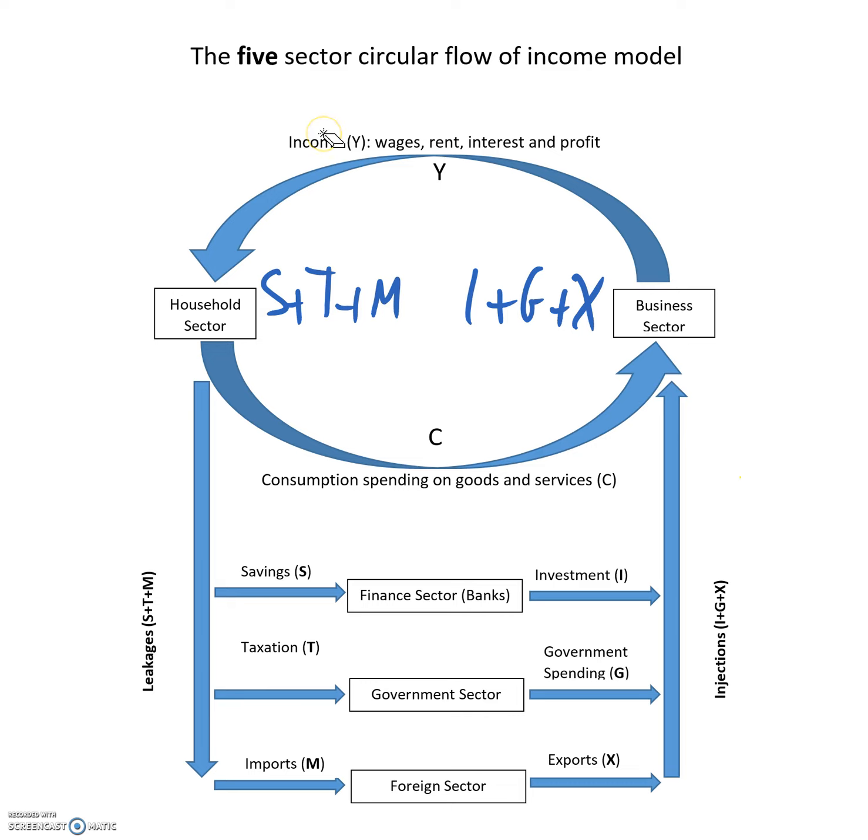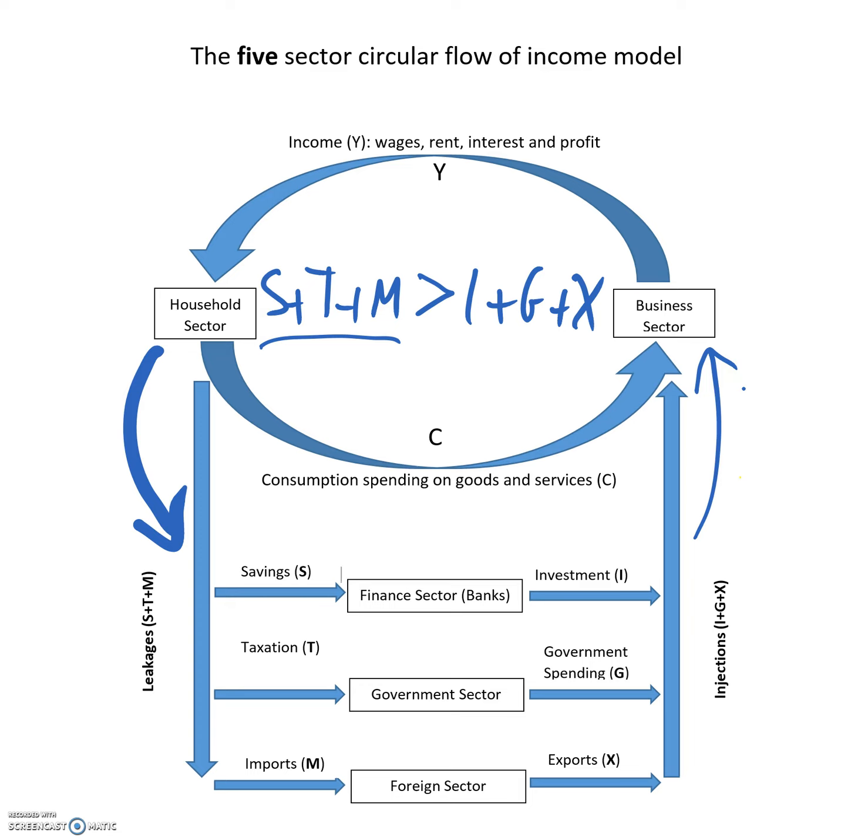What happens if the sum of the leakages, S plus T plus M, is greater than the sum of the injections? Well, we can represent that with a large arrow for leakages and a smaller arrow for injections.